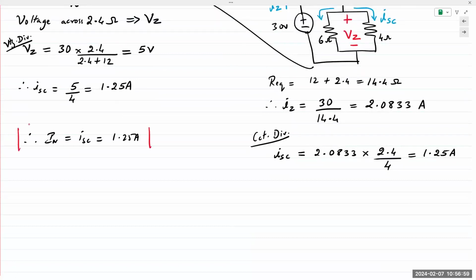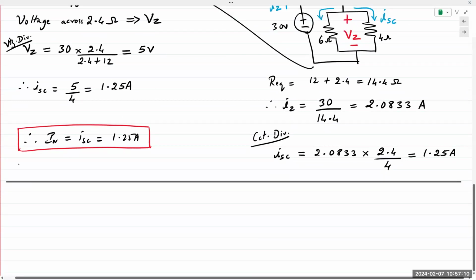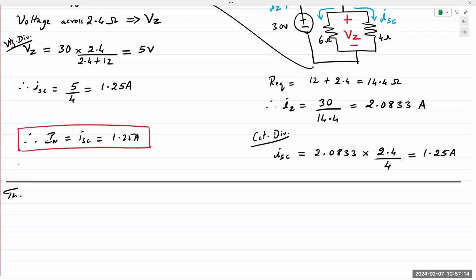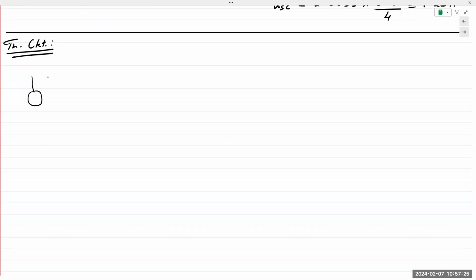Our job is not yet done. We still need to draw out our circuits. So my Thevenin circuit looks like this. I have a voltage source in series with a resistance.